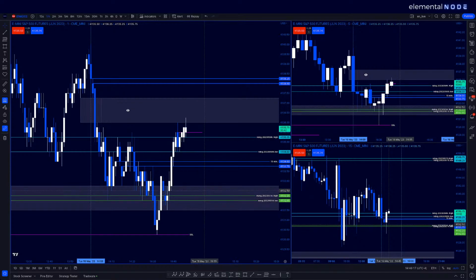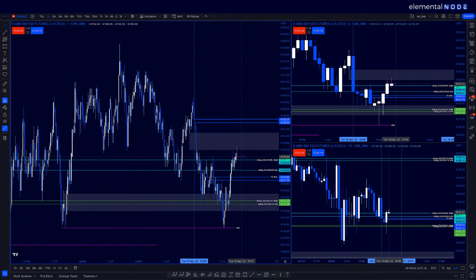I want to see it continue, if we have narrative to go up to the upside to take out this imbalance at 41.38.25. So we'll go ahead and take this eyeball out since we've already achieved our target.